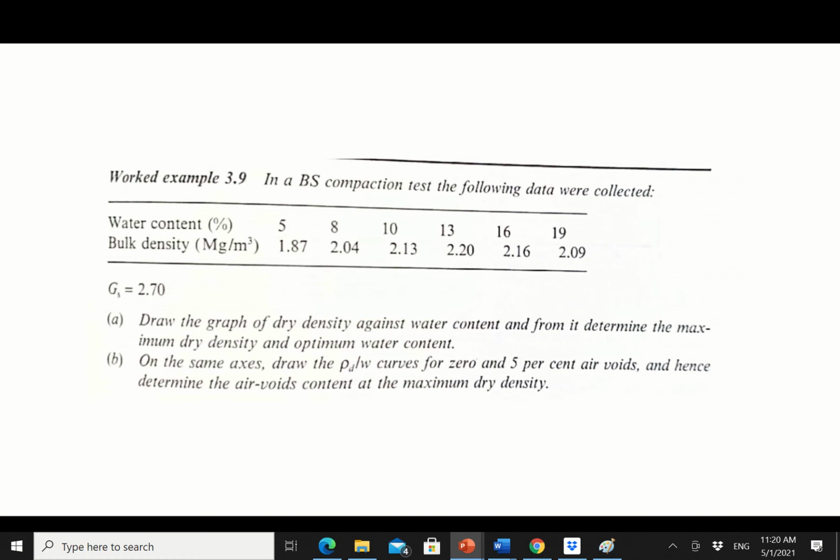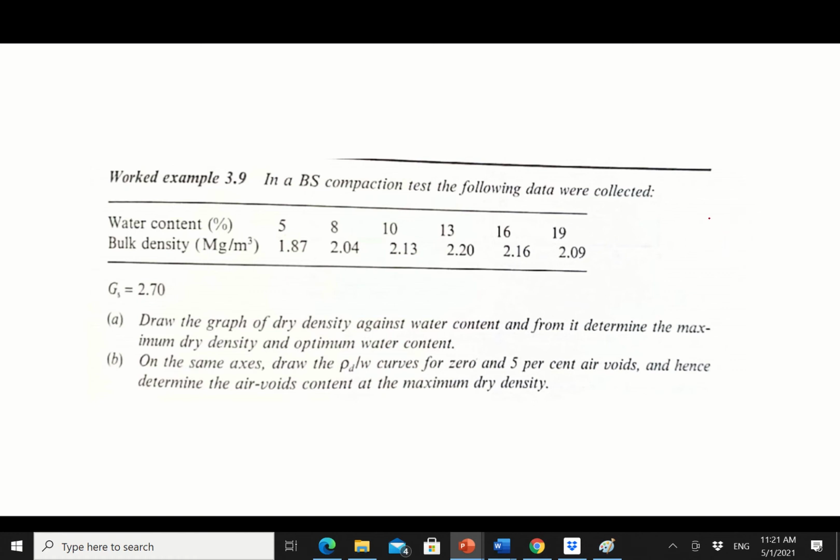The first question is draw the graph of dry density against water content, and from it determine the maximum dry density and optimum water content. On the same axis, draw the rho d over W curve for 0 and 5% air void, and hence determine the air void content at the maximum dry density.